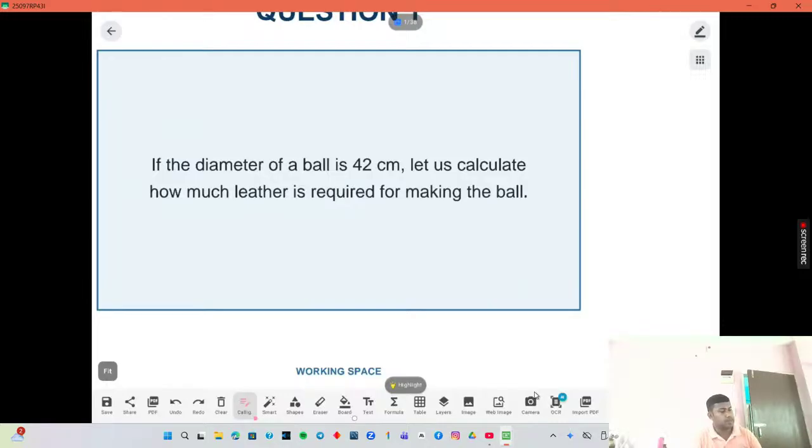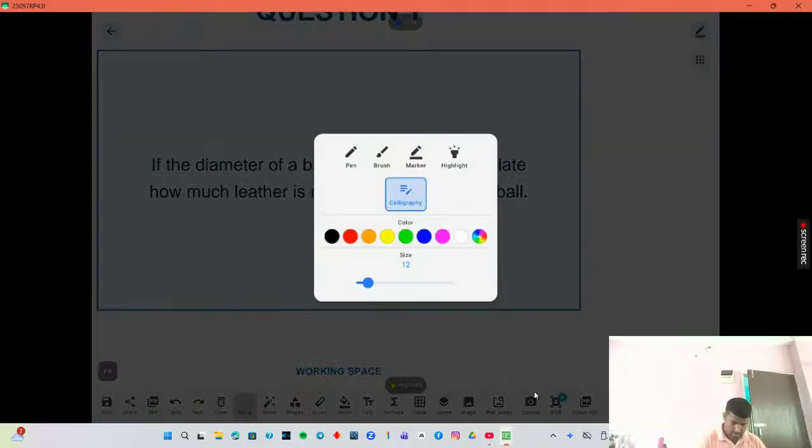So what is the chapter name? The chapter name is Sphere. Can you tell me what is the volume of a sphere? Can anyone tell me?